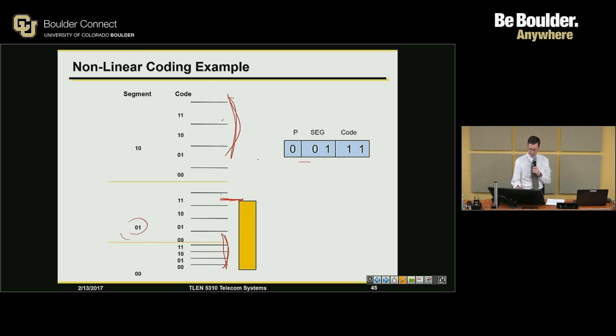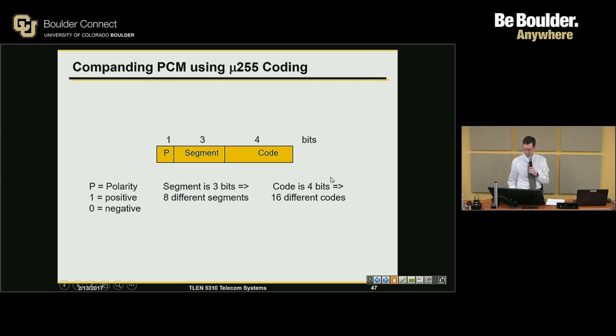And then because I'm below the 0, this is a 1, this is a 0, and I get this code out here. So in PCM, using mu-law, 1 bit is for the polarity, 3 bits for the segment, and 4 bits for the code, and you put them all together and transmit the whole thing.